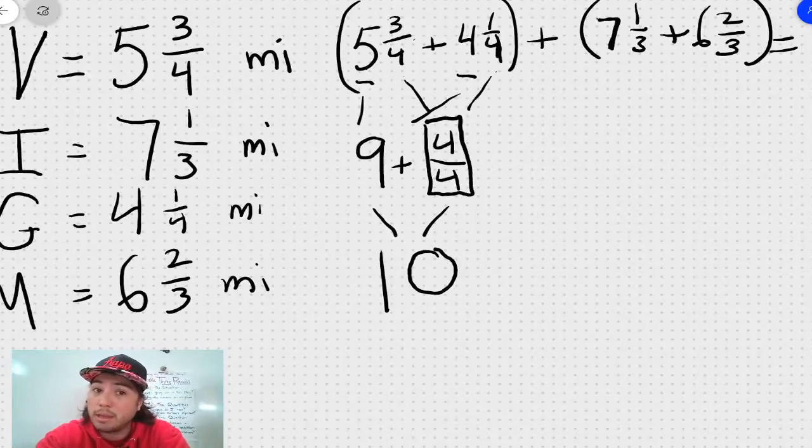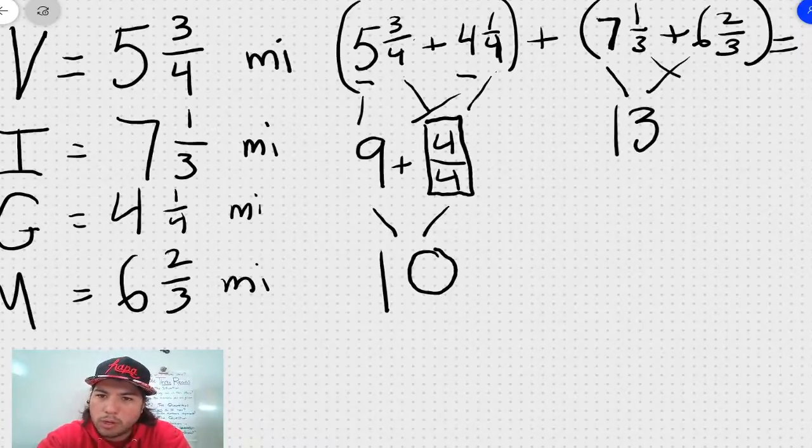If you like improper fractions, you could turn both of these into improper fractions and have 22 thirds plus 20 thirds. But I like the whole numbers better. So 6 plus 7 is 13. And then 1/3 plus 2/3 is 3.